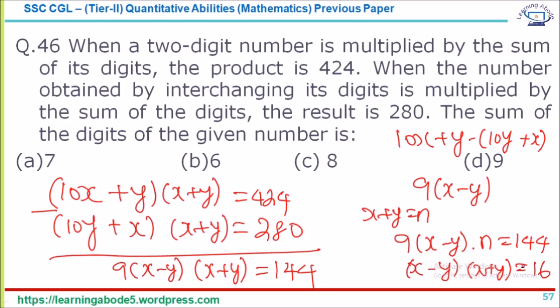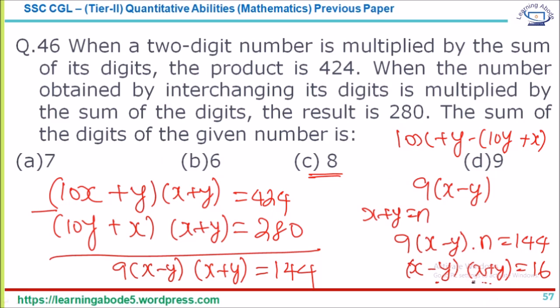Now what is asked is the sum of the digits. You just consider these two, x minus y and x plus y, and the product is equal to 16. Now just look at the given options, and anyhow these are integer values.